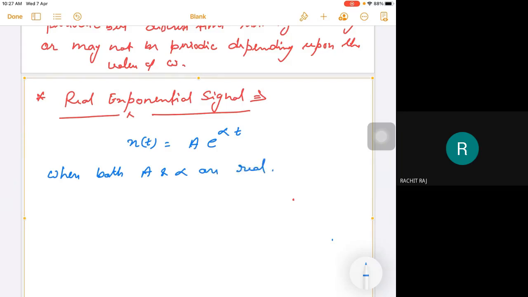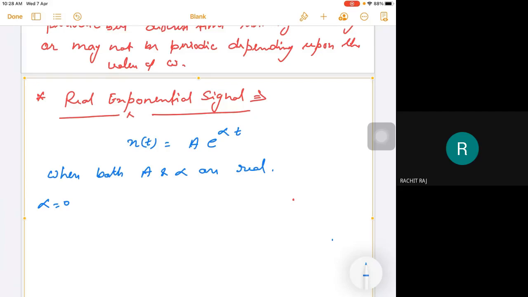Now from here you can see, suppose I am putting the value of alpha equal to 0. If I am putting alpha equal to 0, can anyone tell what will be the signal? A step function that will be, but that is lying from minus infinity to plus infinity.